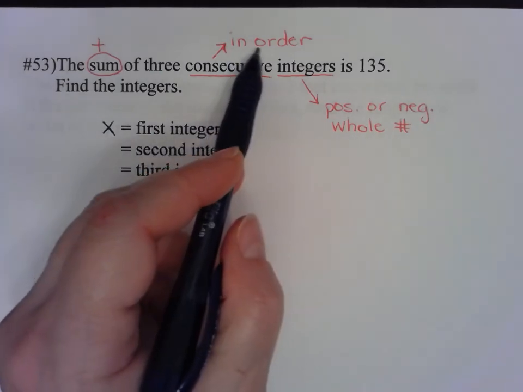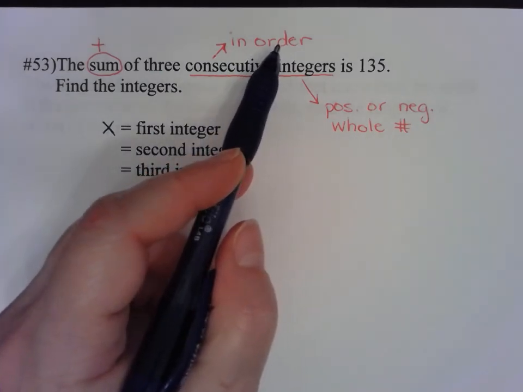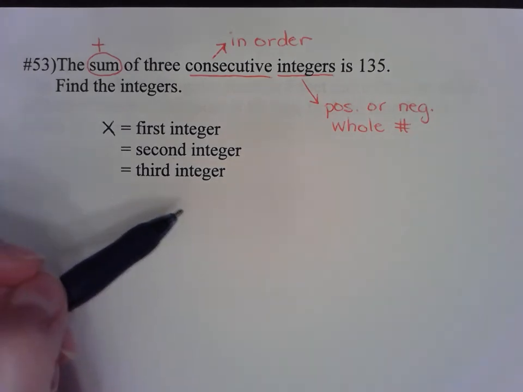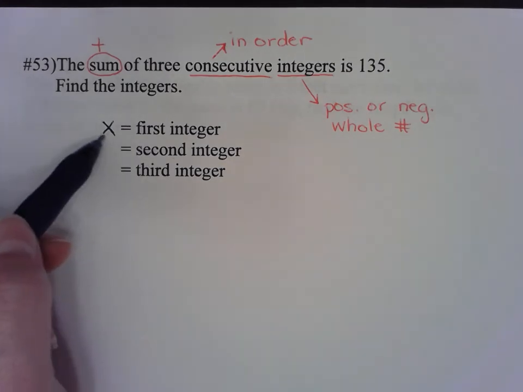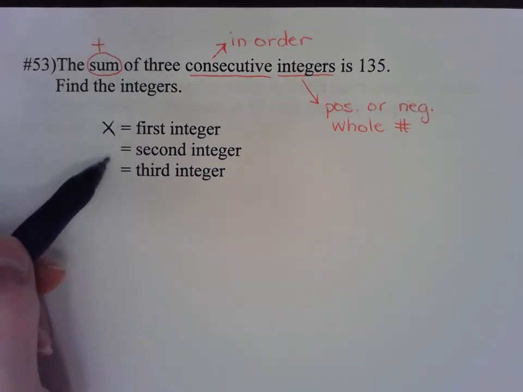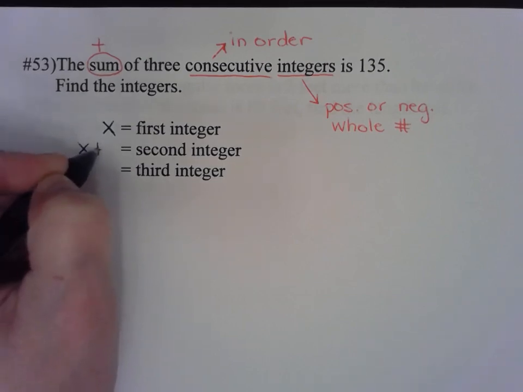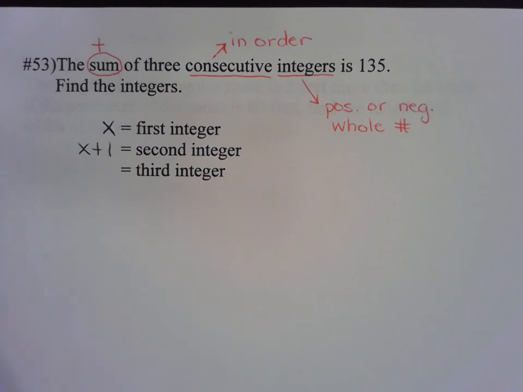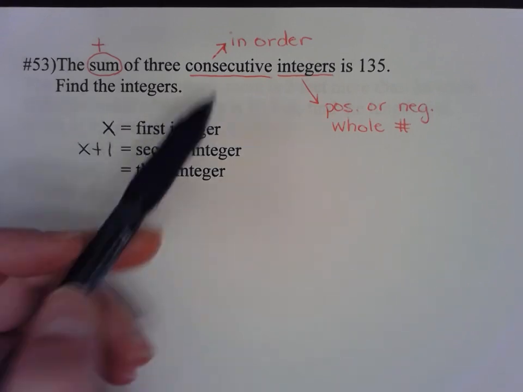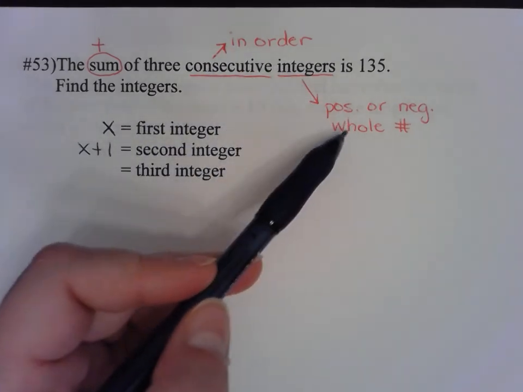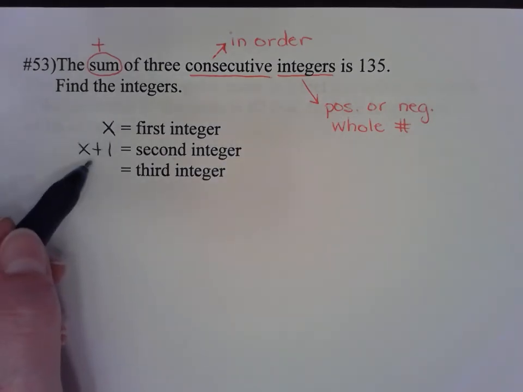We're going to use the fact that they're in order. So if it were, say, 4, 5, 6, and 4 is the first number, then to get the next number in line, I would have to add 1, to get from 4 to 5. It didn't have to be 4, 5, and 6, but whatever numbers I get as my solution are going to be in order.